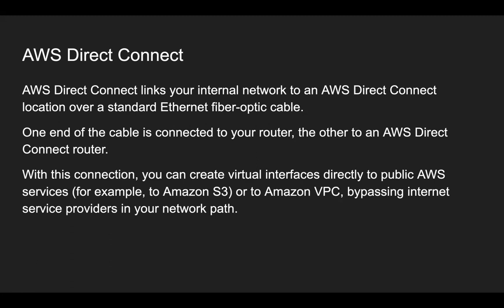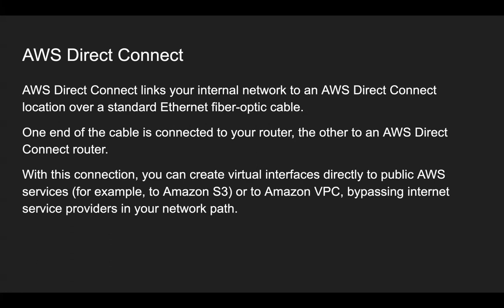So with this connection, you can create virtual interfaces directly to public AWS services, which are called public VIFs, and you can create private VIFs to access Amazon VPC related resources that are sitting within Amazon's network, and this bypasses all of your internet service providers.